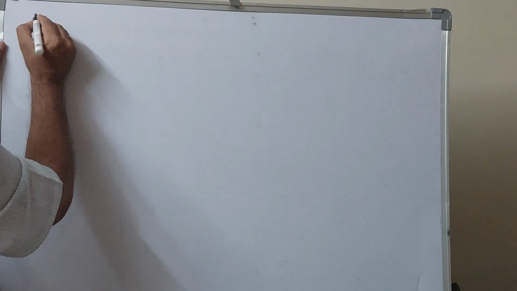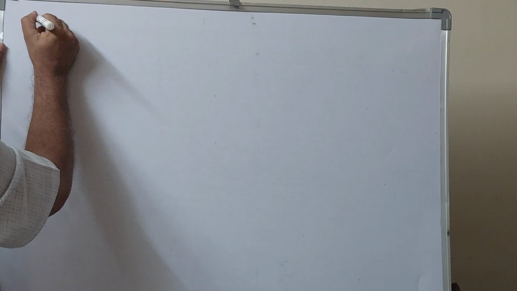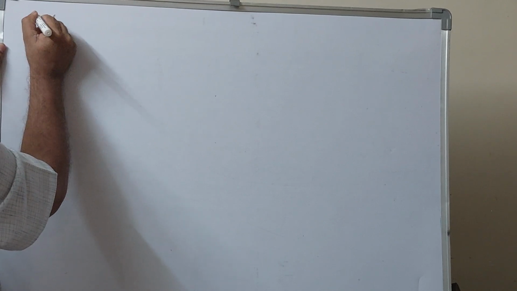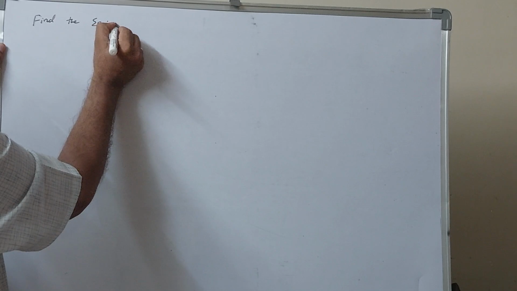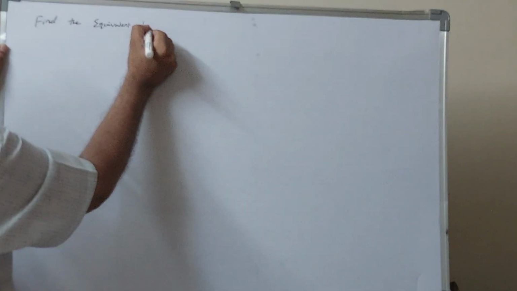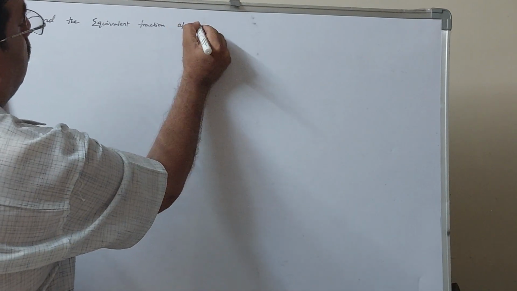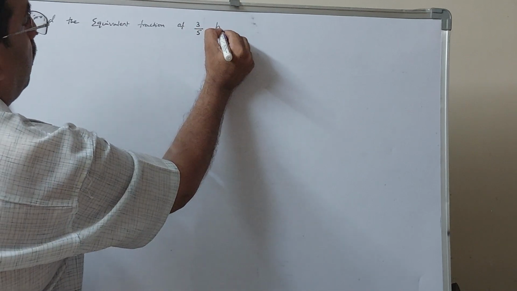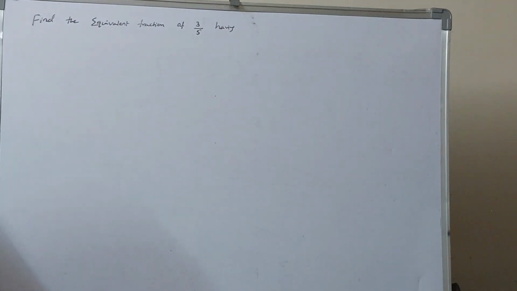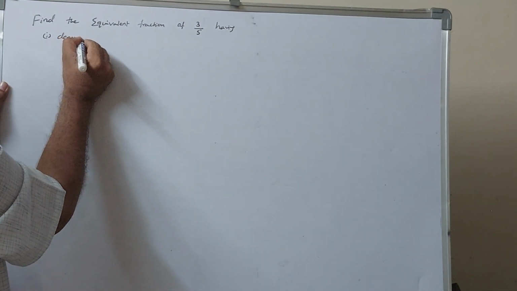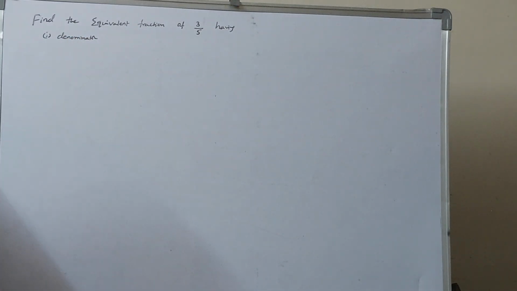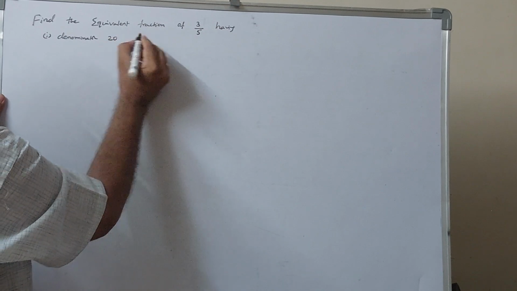Find the equivalent fraction of 3 by 5 having denominator 20, numerator 27.